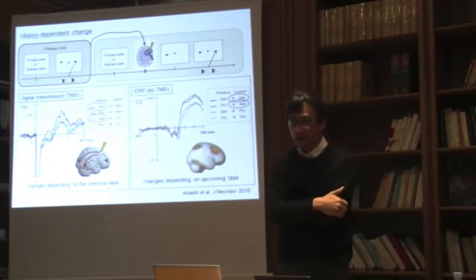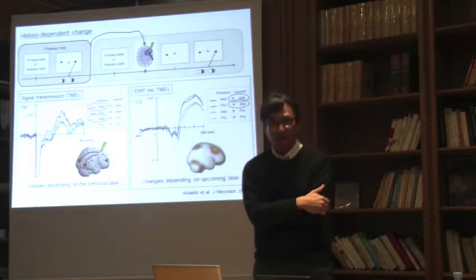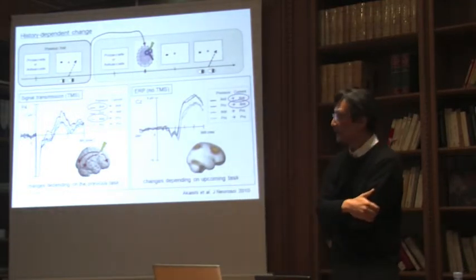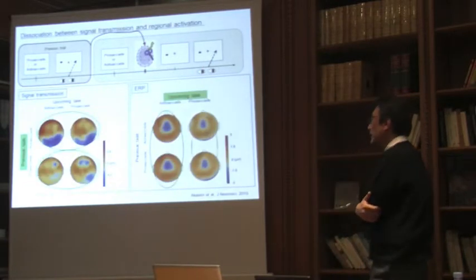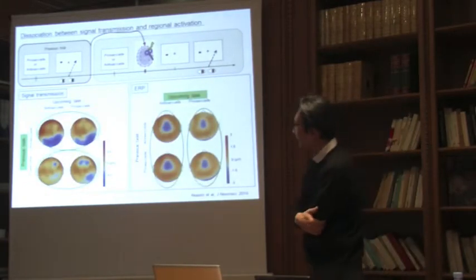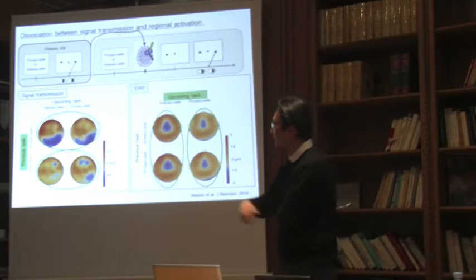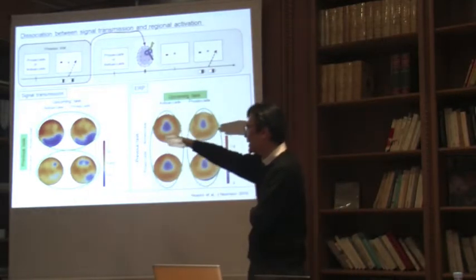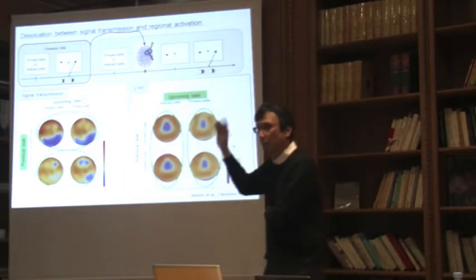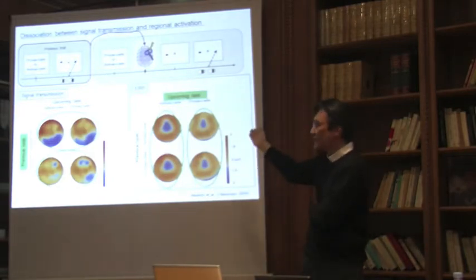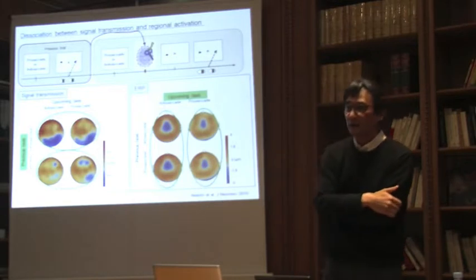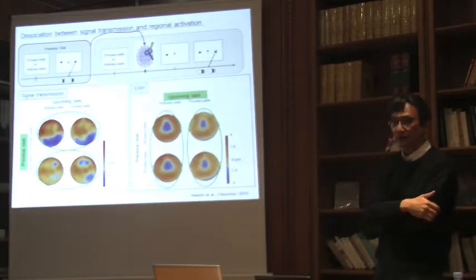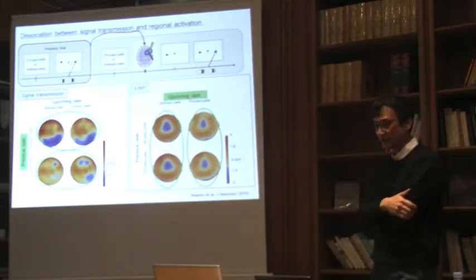And this dissociation between the signal transmission pattern and ERP can be shown more clearly on the scalp topographies. You can see that the signal transmission pattern changed depending on the previous task, whereas the ERP changed depending on the upcoming task. So there is some dissociation between these two measures.